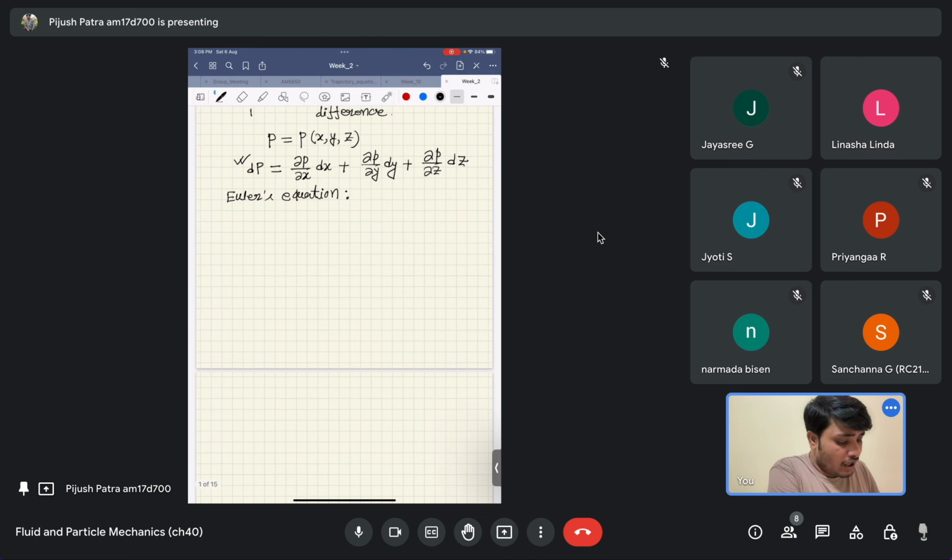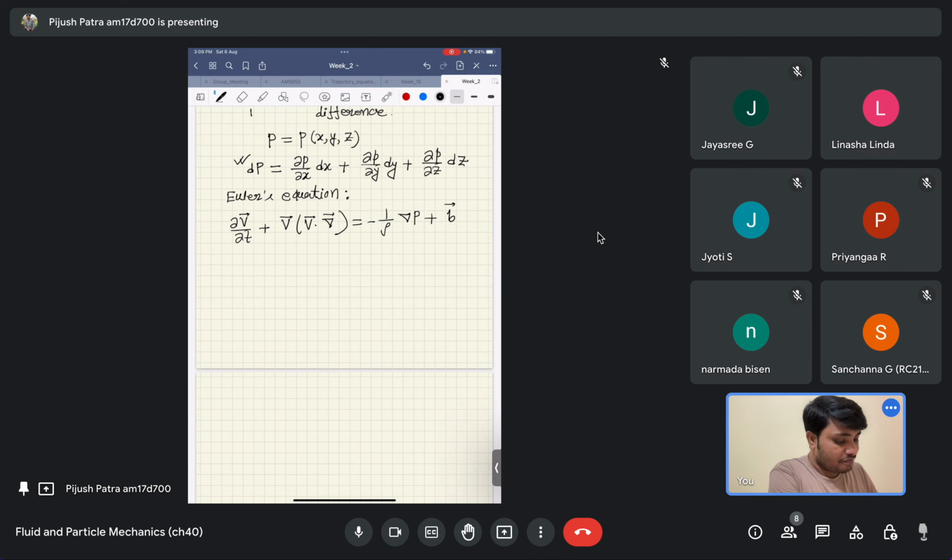So I have dou v dou t plus v dot gradient v is equal to minus 1 by rho gradient of P plus, let's say, some body force term B, where B is the body force term.